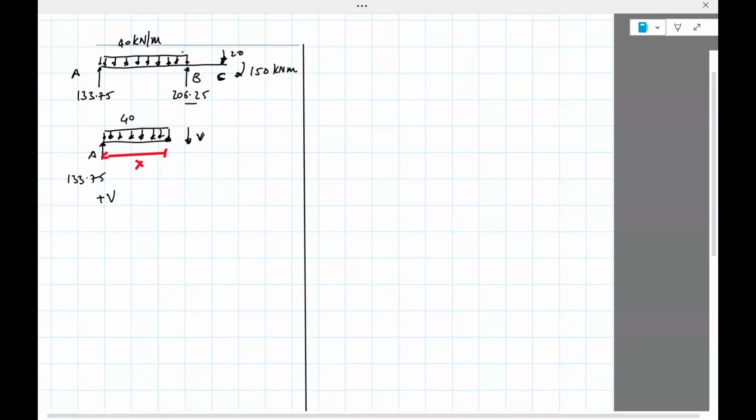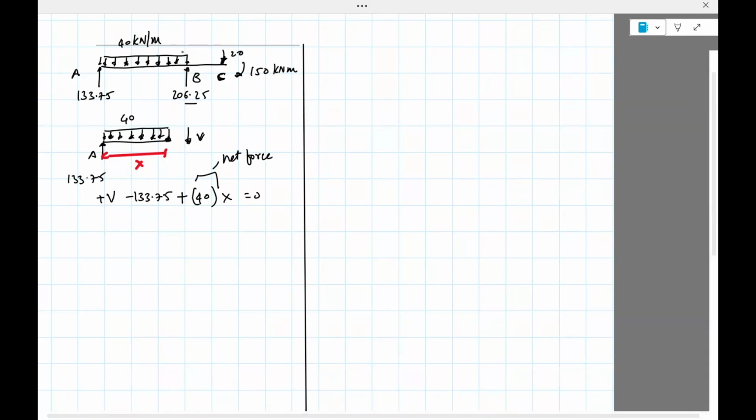So we have plus V minus 133.75, and then the 40 is a distributed load. The net force is obviously downward, so it's positive. Since this is 40 kilonewton per meter, and it's for a stretch of x meters, we'll have 40 times x as the net force.